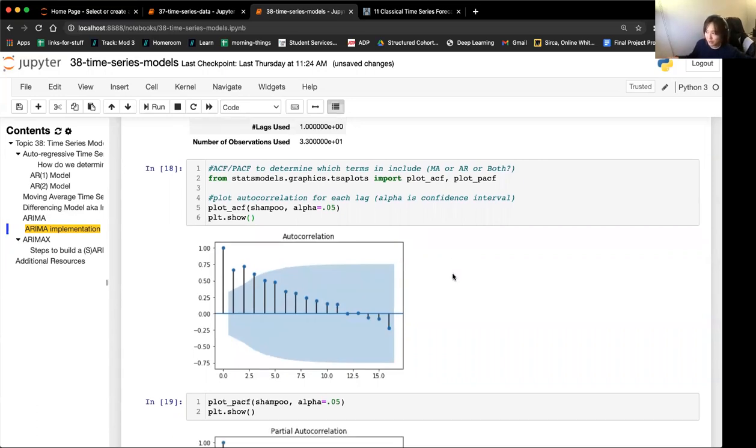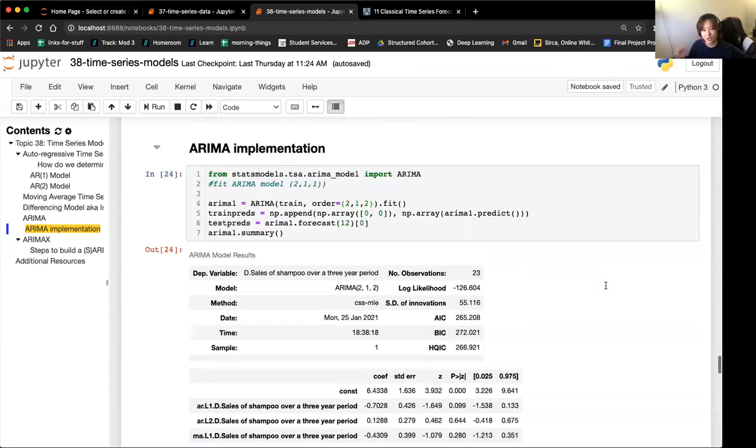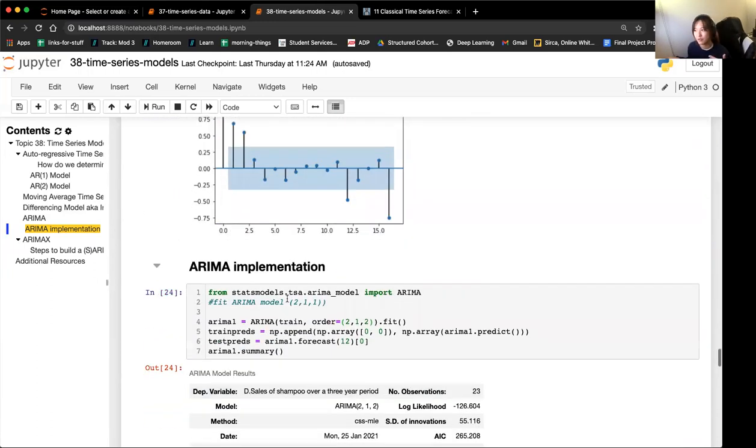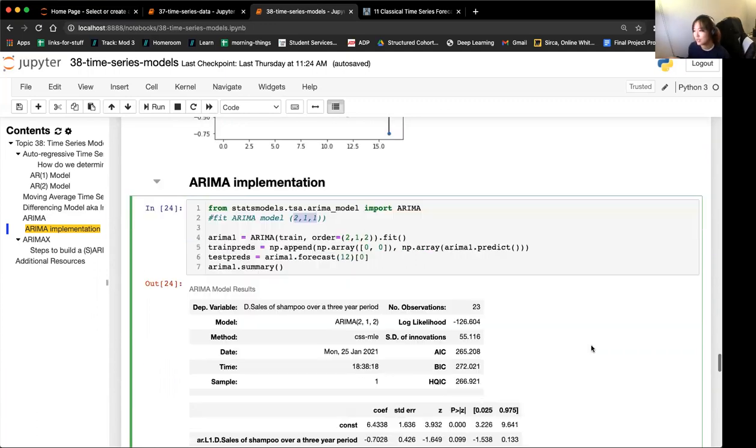One thing I'm going to share with you all is that there is a grid search for ARIMA modeling. Edward, I think you alluded to having that. But it's always good to have an idea of what your terms are going to be. Then you can set up a grid search to search through your p, d, and q.